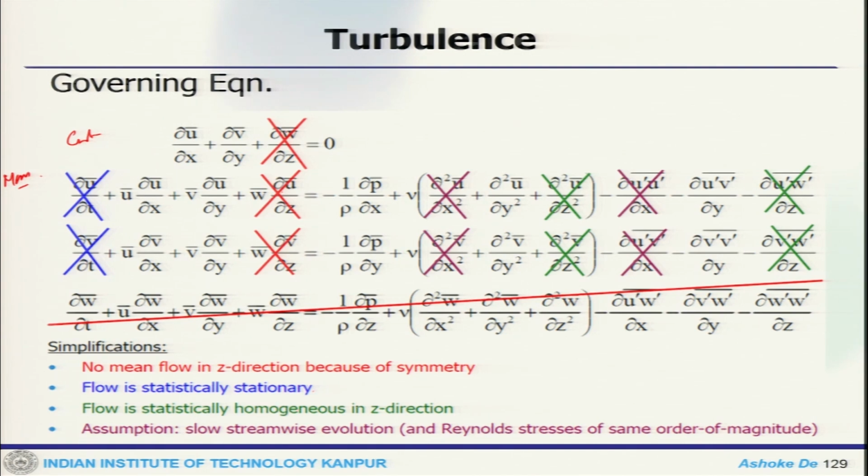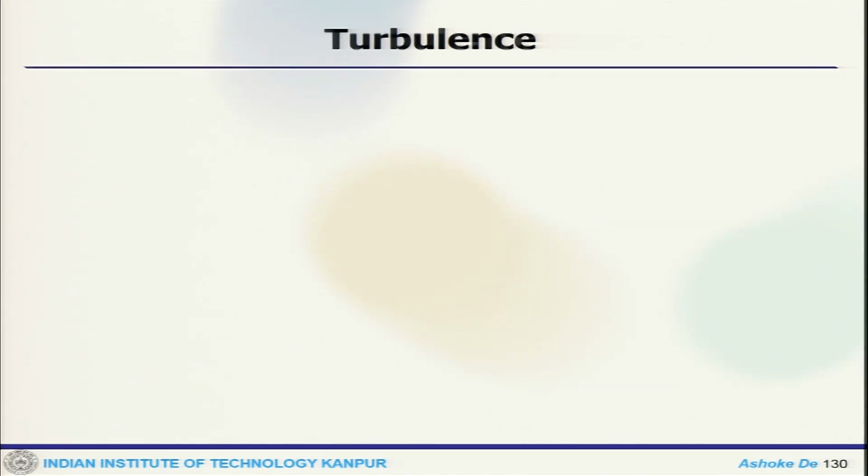Flow is statistically homogeneous in the z direction, so these terms are also going off, and the complete z momentum equation goes off. And also the streamwise evolution is slow, so we can use the same magnitude analysis for the Reynolds stress.